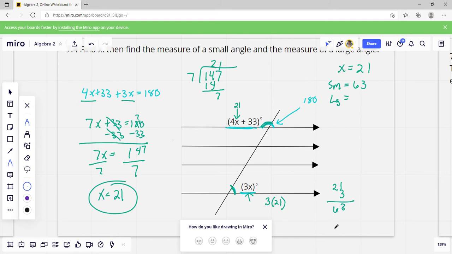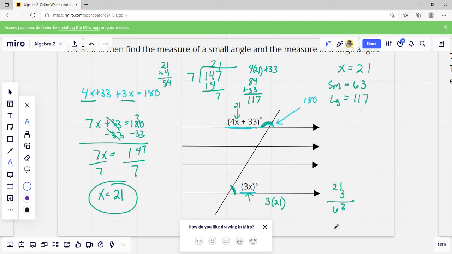So if we did 4 times 21 plus 33, 4 times 1 is 4, 4 times 2 is 8, 84, plus 33, 117.